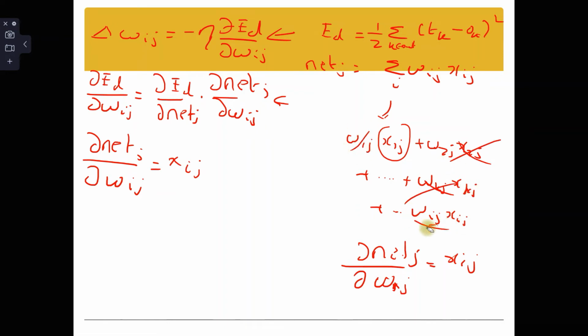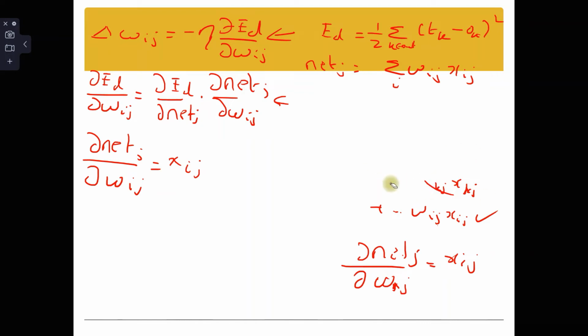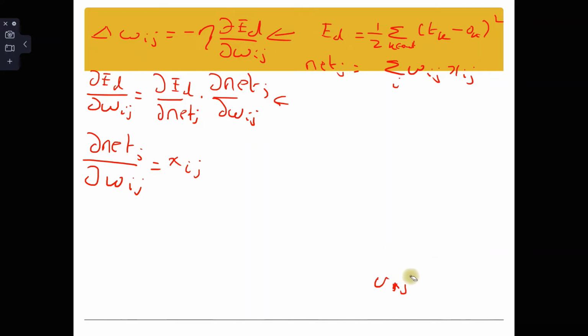So if you are differentiating with respect to w_ij, the rest cancels out, leaving you only x_ij that you have here. So this is how I got the x_ij if you did not get it clearly. Okay, let's move on.